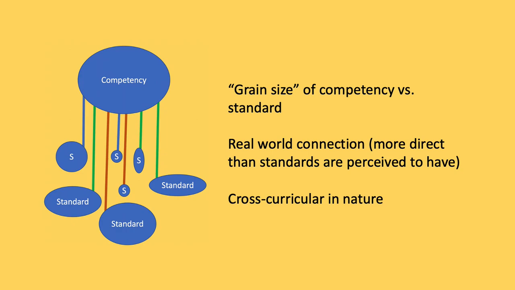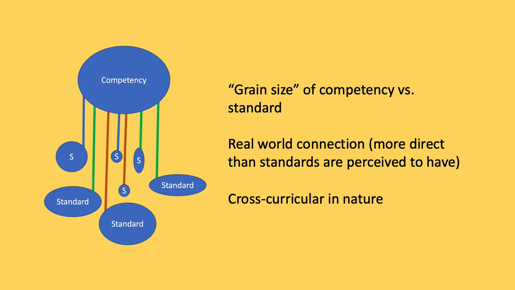There are a few things that you can think about related to standards versus competencies, and one is the grain size. The grain size of a competency is bigger than the grain size of a standard. One of the complaints about standards is that some of them cover just a teeny tiny bit of knowledge or a skill, and some of them are quite a bit bigger and would take many months for a student to master.